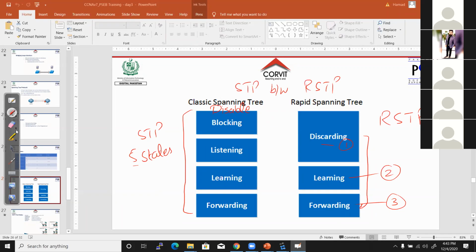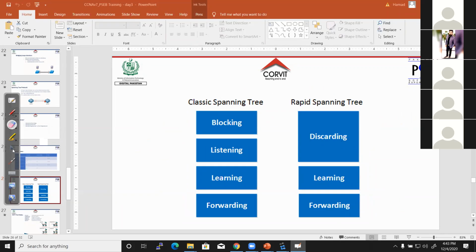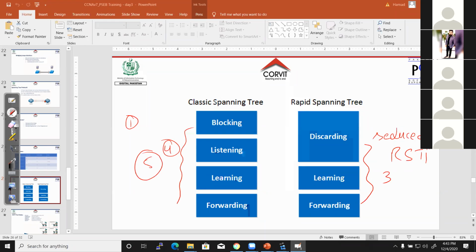And what is the other difference? Keep one thing in mind: the number of states is reduced in RSTP. That is the first difference. There are a total of 3 states in RSTP and a total of 5 states in STP, and some say 4 states. Okay. And the other difference is that it provides seamless transition.